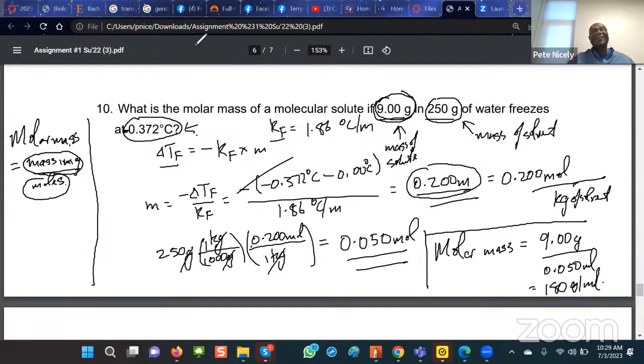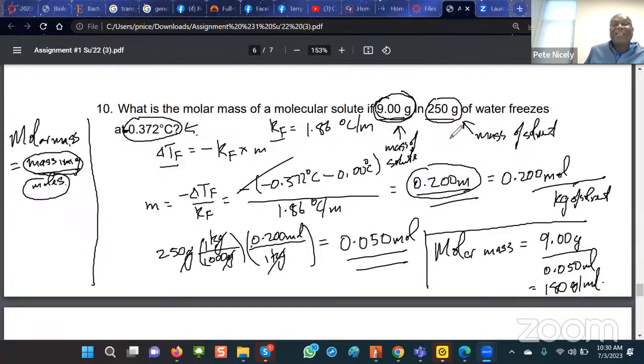And let me just say that this method that I've just gone through is actually the method that is used very often to determine the molar masses of biomolecules, especially polymer molecules like carbohydrates, or proteins and so on.